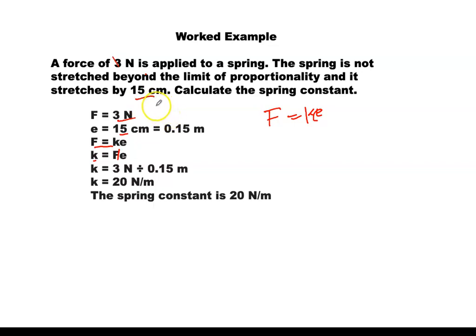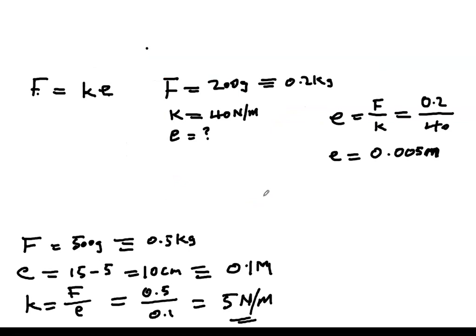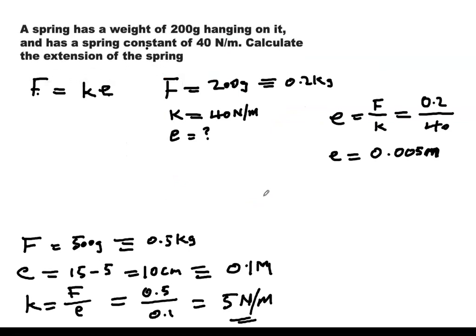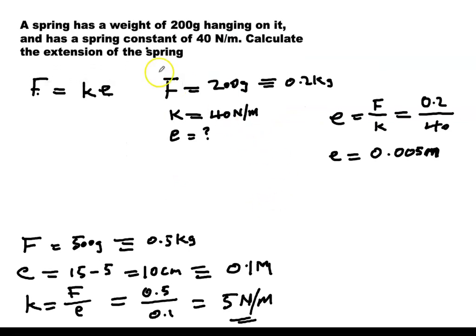So we convert 15 centimeters to meters, we will get 0.15 meters. So the 3 divided by 0.15 should give us 20 newtons per meter. And therefore the spring constant is 20 newtons per meter.